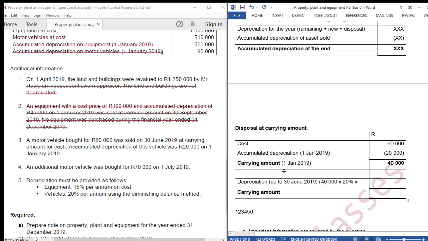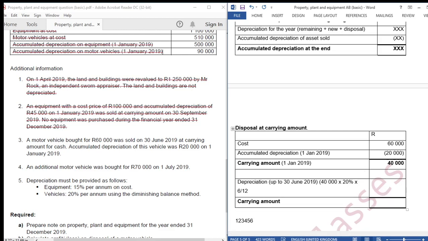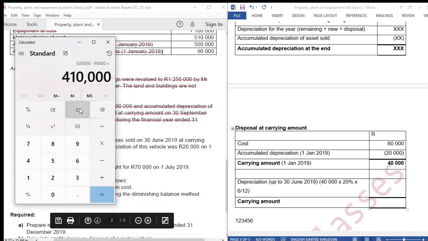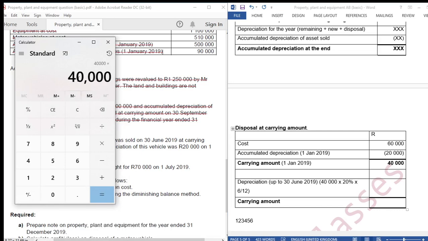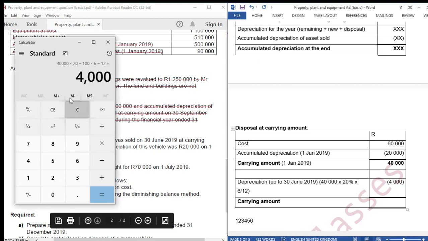It was available for use in our business until 30 June, so we multiply by 6 over 12. 40,000 multiplied by 20% multiplied by 6 over 12. That's 4,000.